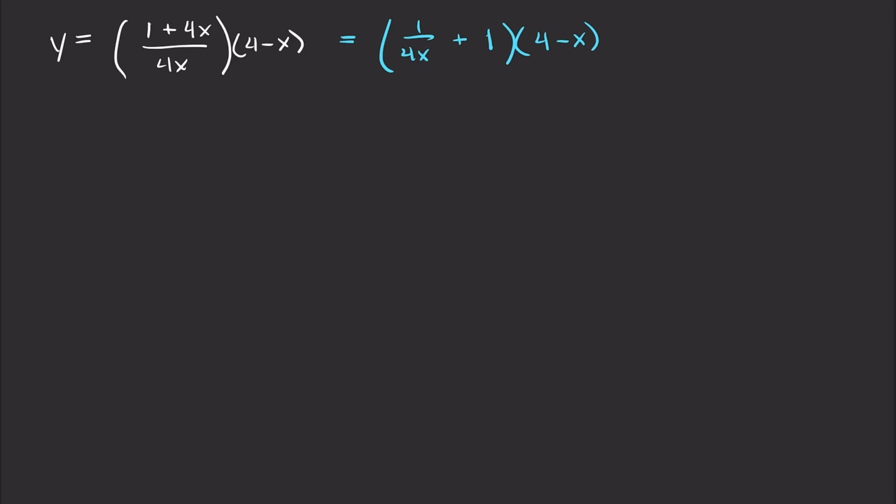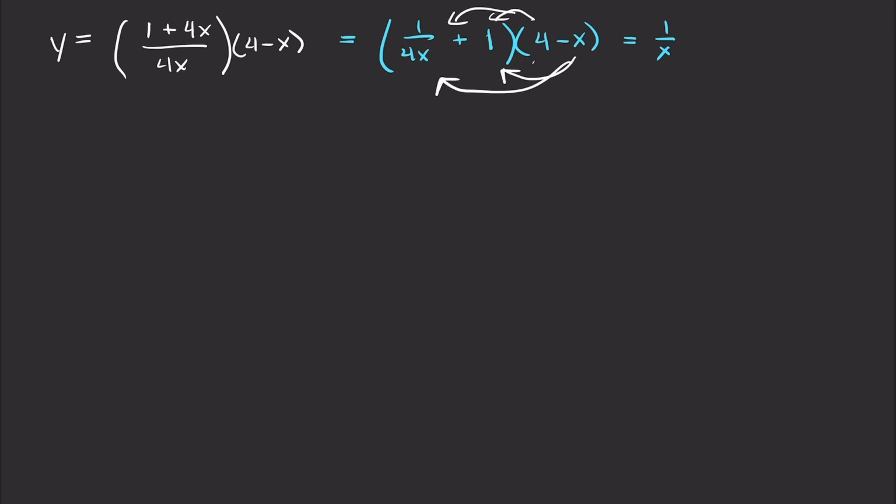And now if I multiply, I'll just get something that looks like a polynomial. And polynomials are really easy to take the derivatives of. So I'll distribute my 4 and my minus x. When I do that, I'll get 4 over 4x. So that's just 1 over x.